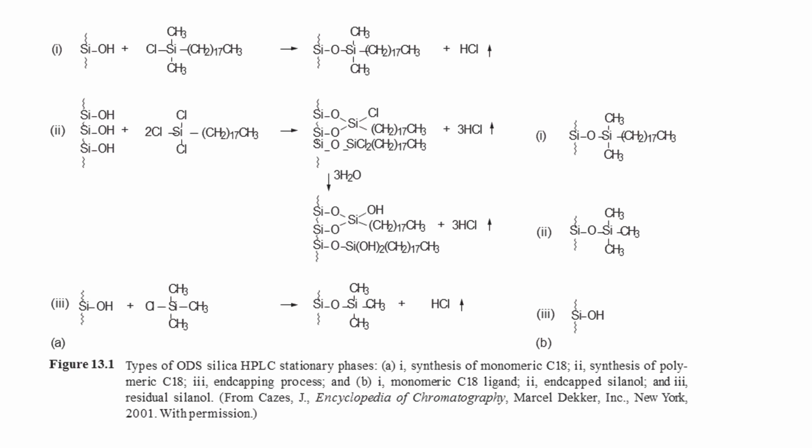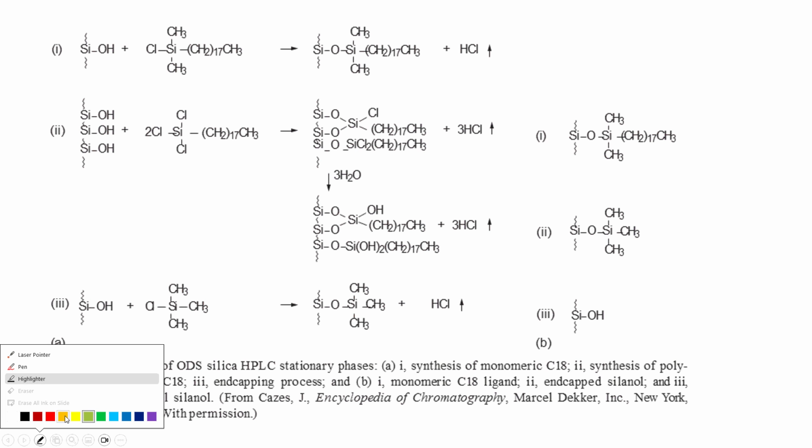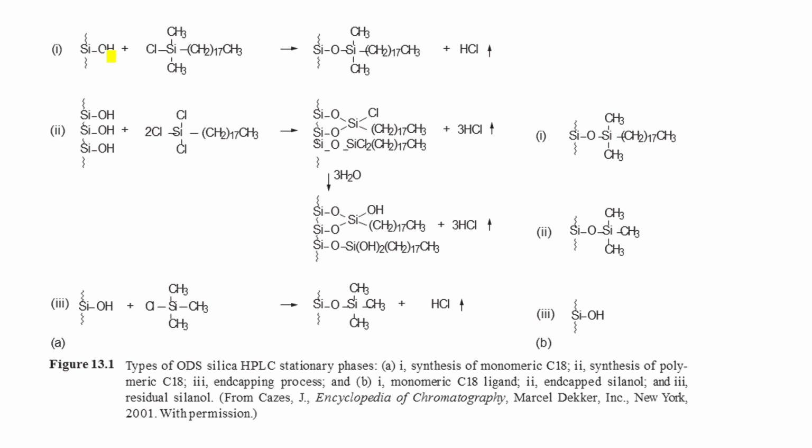Okay, just to talk minimally about the chemistry that's used to put these stationary phases on. That's certainly not a focus, but this would represent a silica particle, and you would react it with a chlorosilane compound. This is a C18 tail. So what happens is it forms this silicon ether linkage, and it creates this 18 carbon tail.